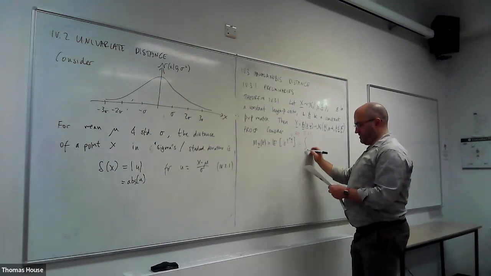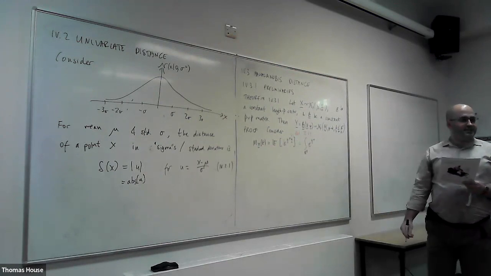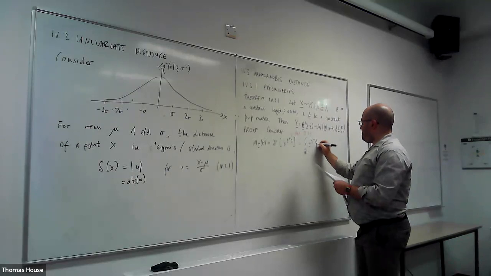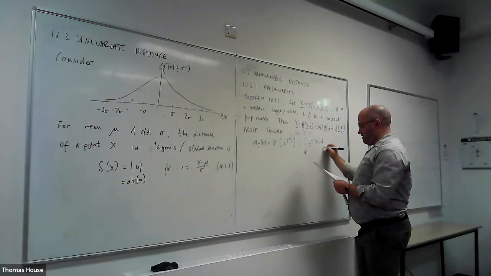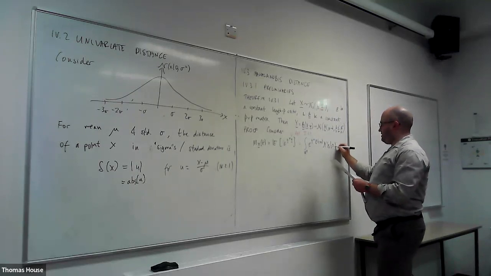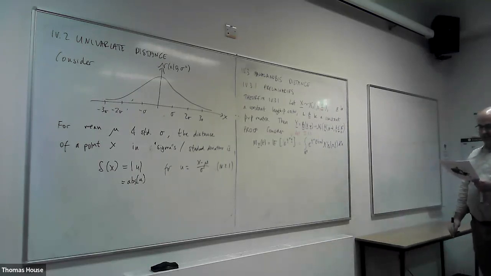That's the integral over R^p of e to the t transpose Y, and then we know what Y is, yeah? Y is A on X minus a, times the normal density of X given mu and sigma.